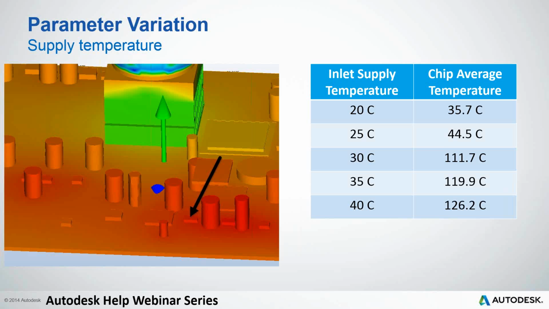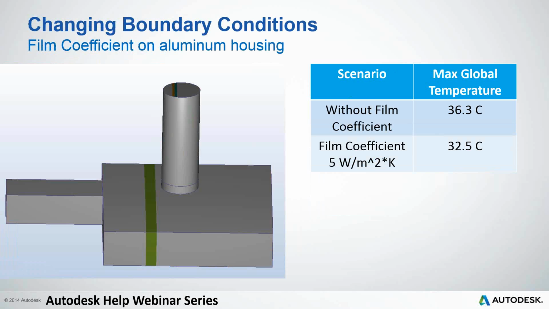So next, I put the film coefficient on the aluminum housing. A film coefficient is just, in place of modeling this big ambient temperature air box around it, a standard heat transfer coefficient used to model convection on the outside of this box.